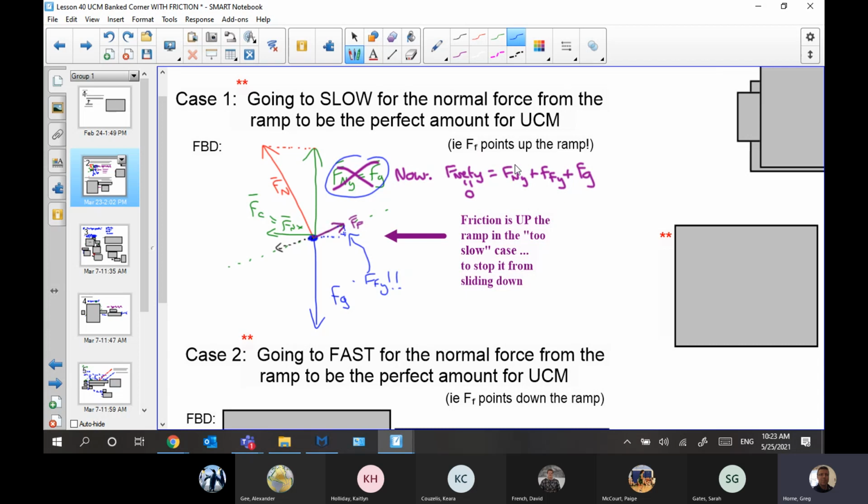And so now we've got the normal force in the y direction. That's this green arrow here. We've got the y component, vertical component of the friction force. That's in here. And then we've got the gravity, right? And so basically, you can see that friction's part of this. So I guess what you'd have is the normal force and its component a little smaller because this is helping, right?